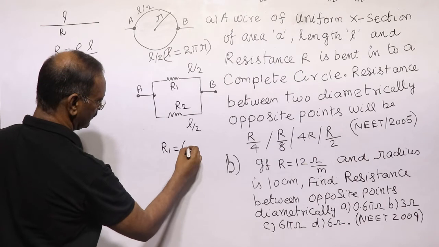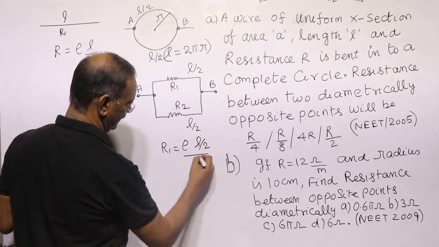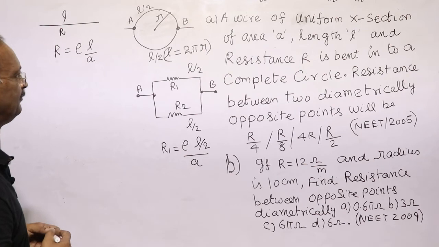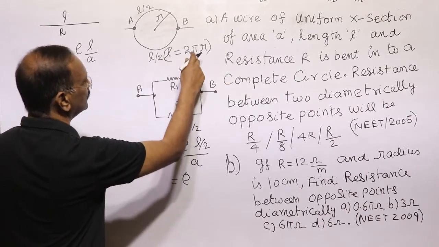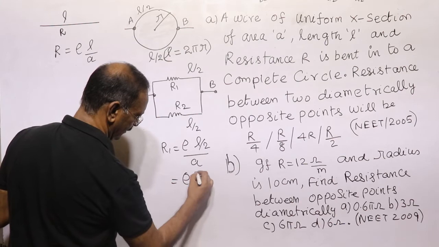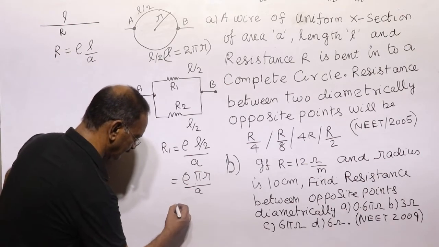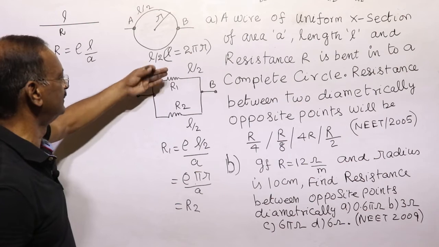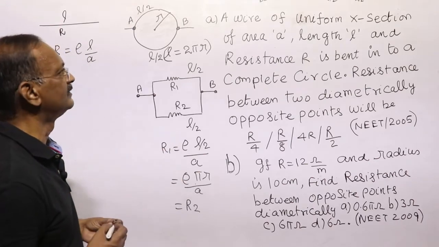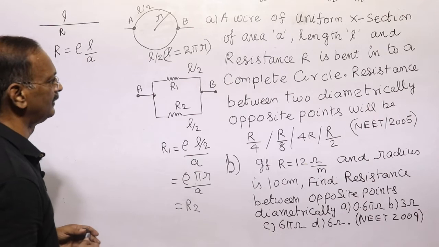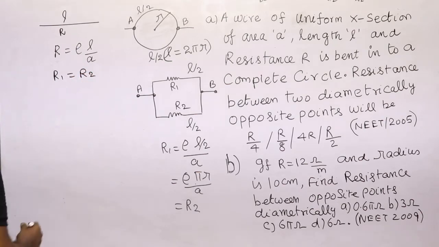R1 is rho into length divided by area, and since L is 2 pi r, half of it gives rho pi r by A. R2 is also the same, because the same wire is bent: rho is the same, length is L by 2 and A is the same, since the wire is only bent, not stretched or compressed. So R1 is equal to R2.